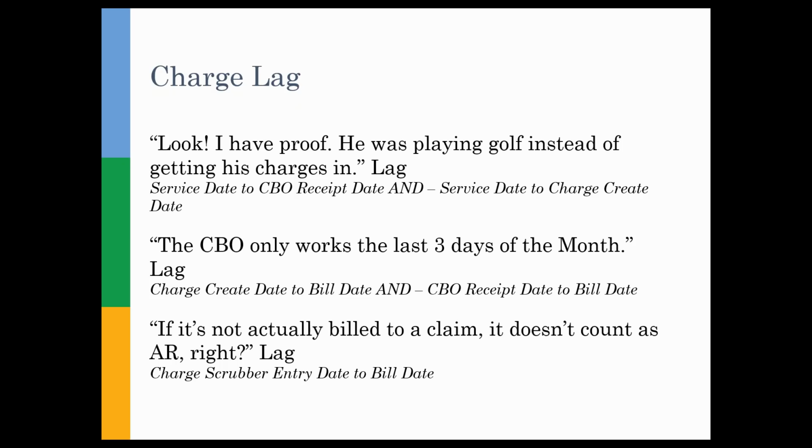So is it the difference between the service date and the date that the charge was entered into that front-end system, where it would indicate a lag on the clinical side or some sort of front office delay? Or do we have a greater lag between the date the charge was entered in the system and when we actually drop the bill? And that would indicate we've got an issue on the CBO side or with that claim scrubber.